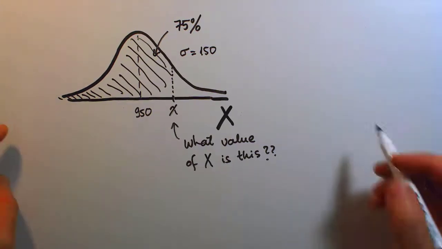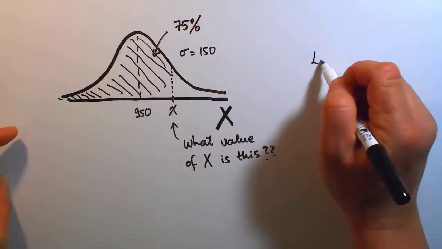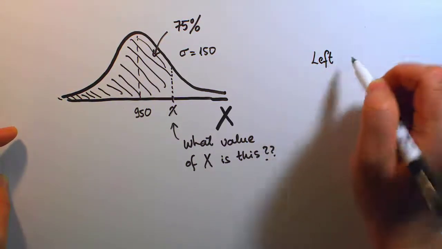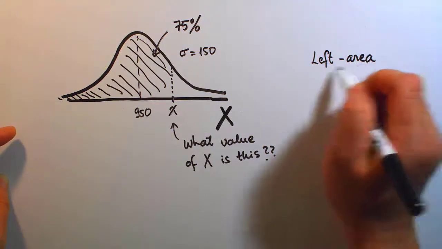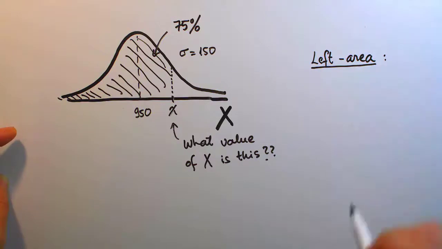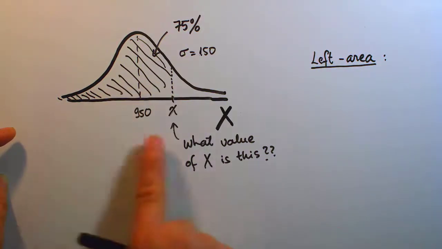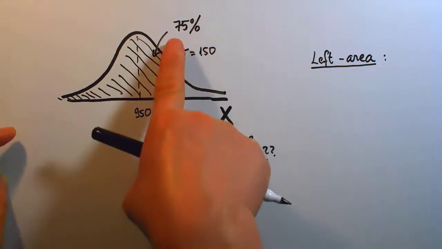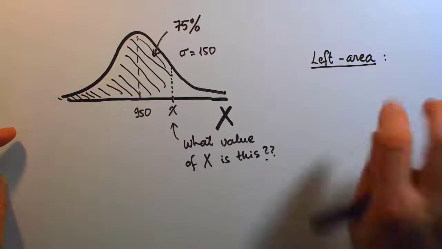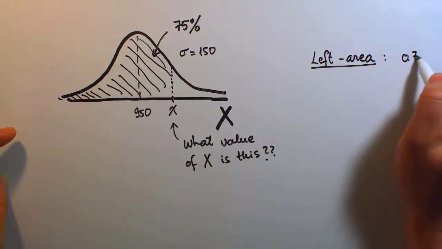And so the first thing to start, I am going to find out from where my cutoff is how much area is known. So the left area here, and this problem has already given us the area shaded to the left of the cutoff value we're looking for, and so this 75% is our left area, and we simply put that as a decimal.